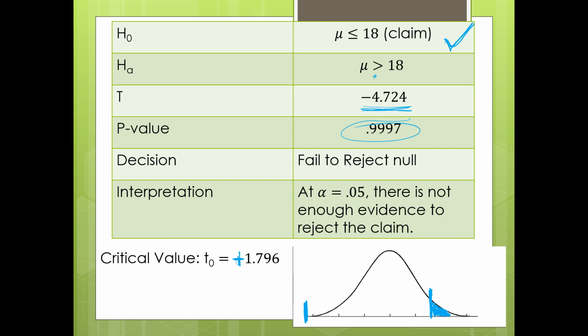We can't reject that. That makes sense, because if you read the question, they claim people are not waiting more than 18 minutes, and the sample had a mean wait time of 15 minutes. So it definitely looks like it's a good deal less, more than 1 standard deviation away in just that small sample. But yeah, we're definitely not rejecting our null here.